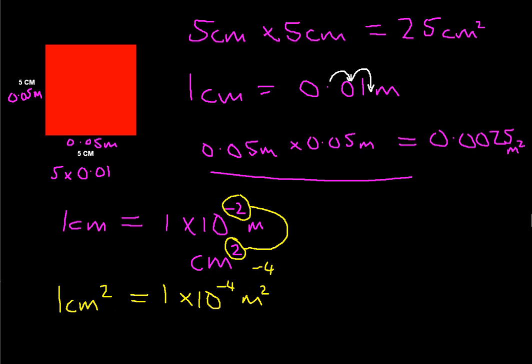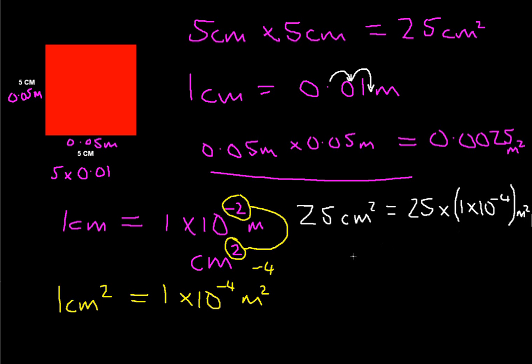So we know that 25 centimetres squared is equal to 25 times our conversion factor, which is 1 times 10 to the minus 4 metres squared.